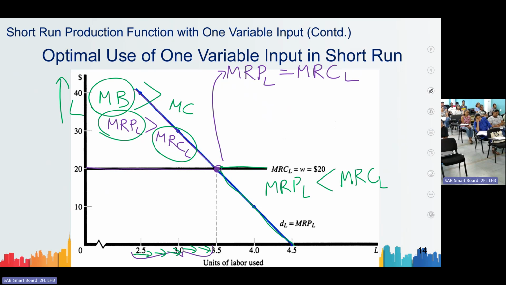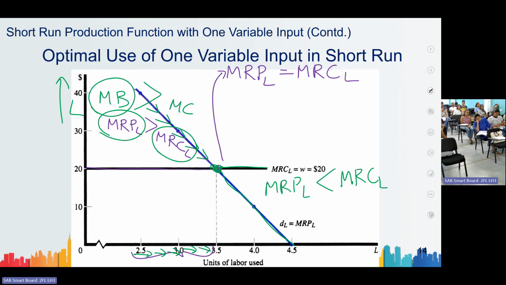When labor input increases, what happens is marginal revenue product of labor starts to decline. So in this range, before this equilibrium point, before this optimum point, marginal revenue product of labor is greater than marginal resource cost of labor.